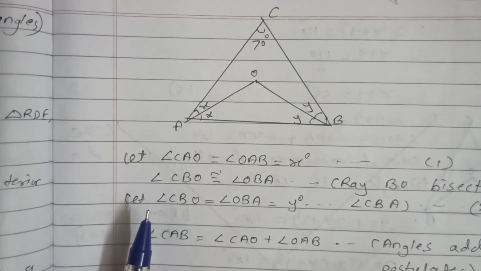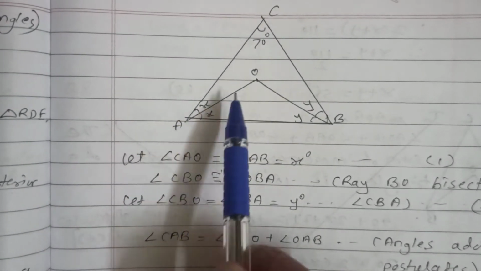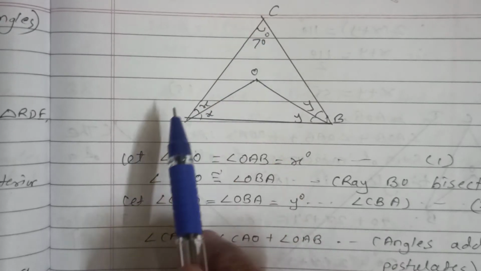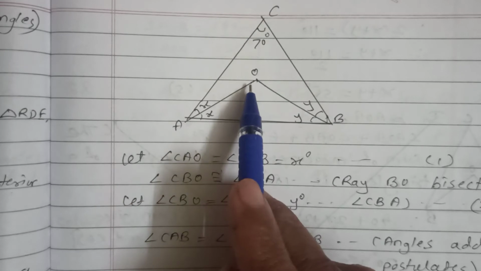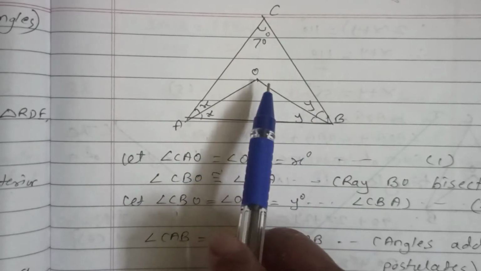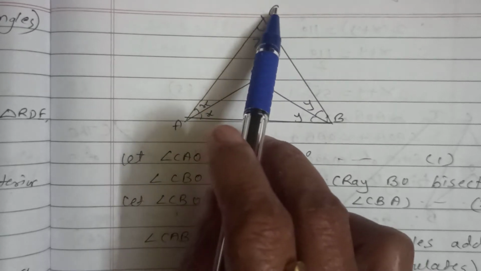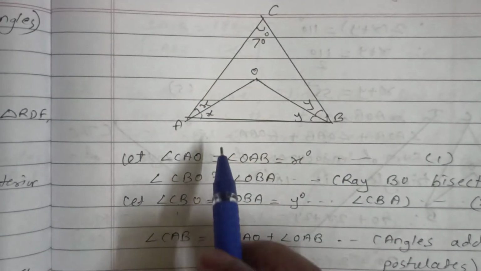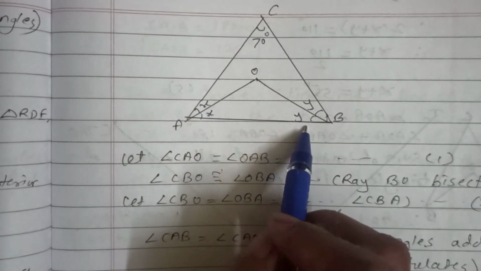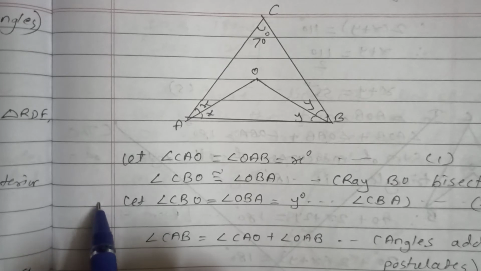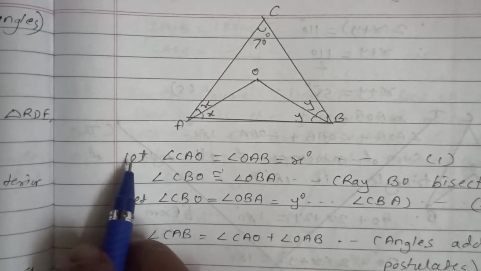Now in this triangle, ray AO is the angle bisector of angle CAB. Similarly, ray OB is the angle bisector of angle CBA. That's why I have written here x, x, y, y, because we know that an angle bisector bisects the angle.